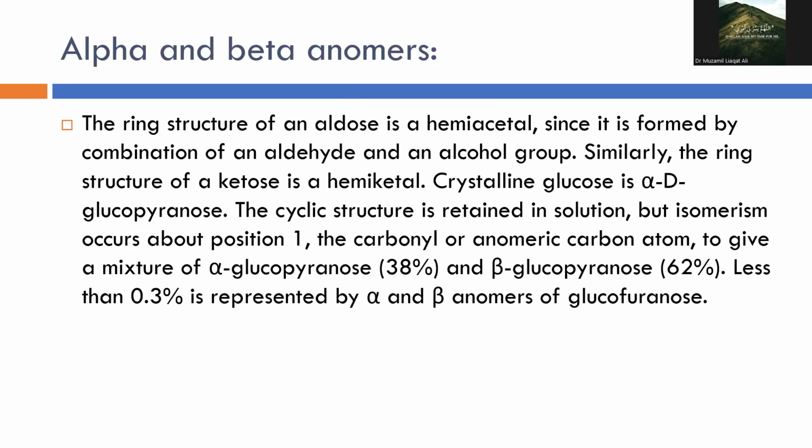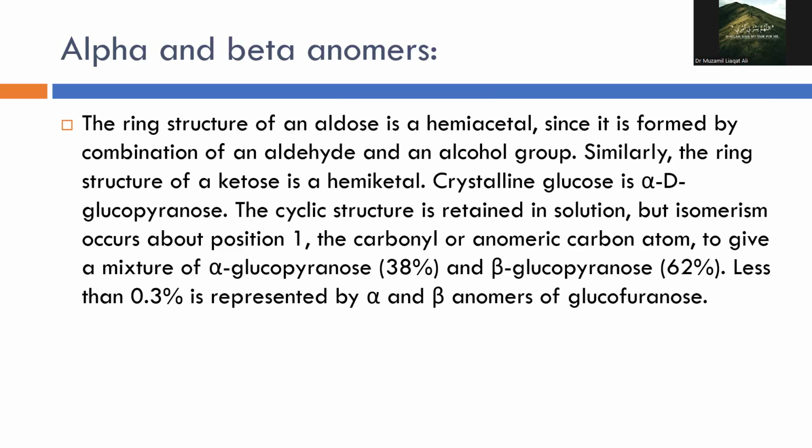Now, let's talk about the alpha and beta anomers. When an open chain aldose cyclizes, the carbonyl carbon, C1, becomes a new asymmetric center called the anomeric carbon. The two stereoisomeric forms are known as anomers. What about the alpha anomer?